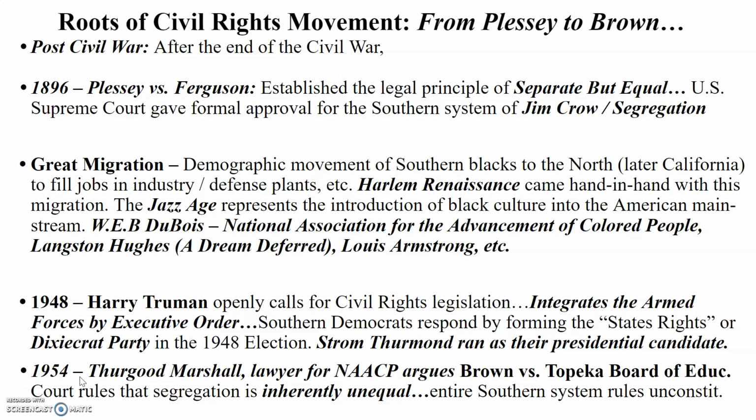Very famously, there's the creation of the Dixiecrat Party, which were Democrats who felt that starting to create desegregation and an equal playing field for African Americans was against the patterns of the Democratic Party. But really, due in large part to World War II, we start to see a shift away from the traditional segregation patterns that had been in place for roughly 50 to 70 years, and more of an understanding that there needed to be more equality.